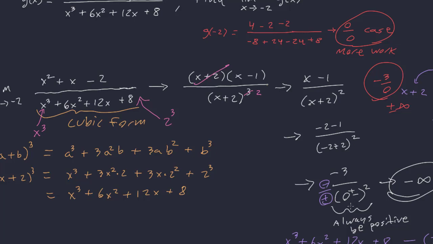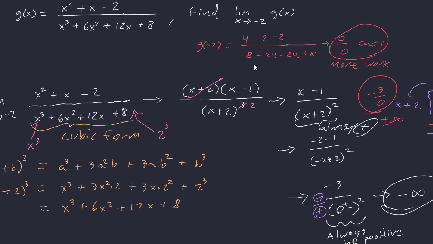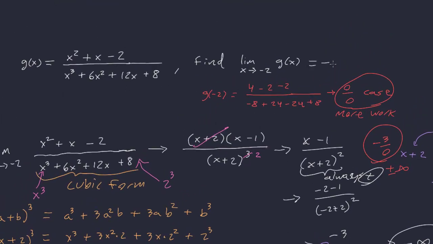I could. We don't really have to here, because whether we put in the plus or the minus, we're squaring it. Something squared is always positive, essentially. Okay, so this limit here, with all that work, it's negative infinity.